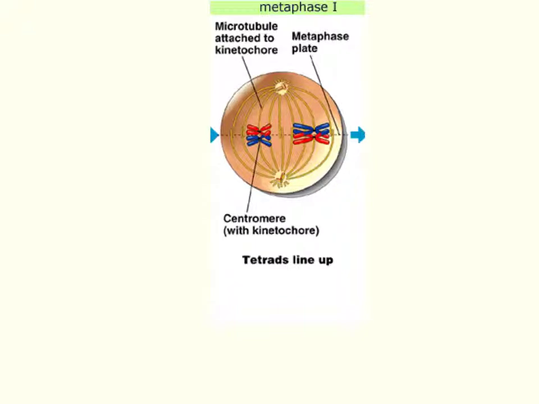The only difference is the chromosomes that are lining up in the middle are now recombinant chromosomes, which are independently assorted as they each have individual parts from the other chromosome that they originally got through synapsis. And basically, the microtubule attaches to the kinetochore, and the centromere, along with the kinetochore, is then connected to each side of the spindle. And this is essentially the process in which the tetrads line up.